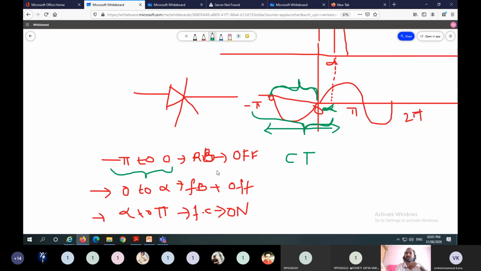In device turn off time, the device is completely in off state. But circuit turn off time means the time for which the device is in reverse bias condition. That is the difference between circuit turn off time and device turn off time.